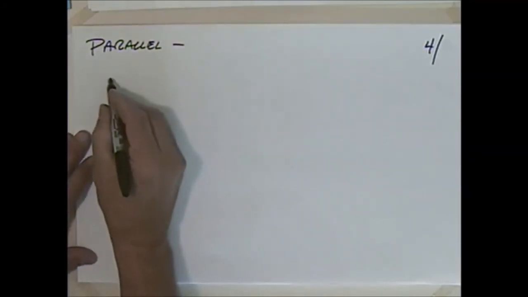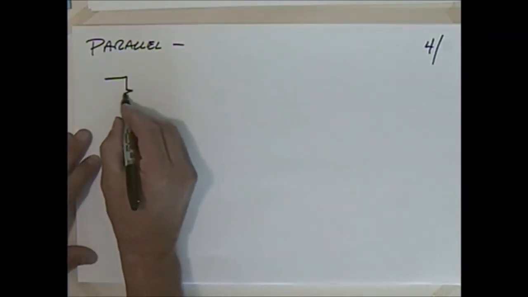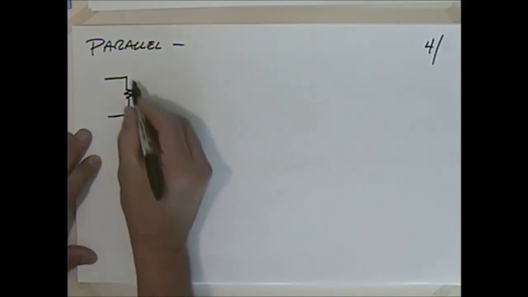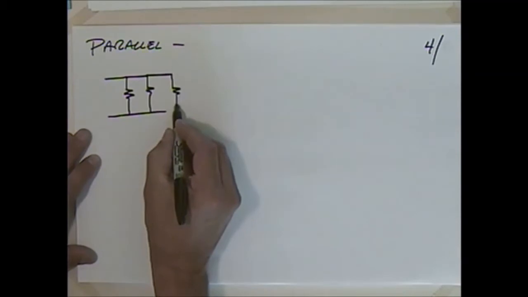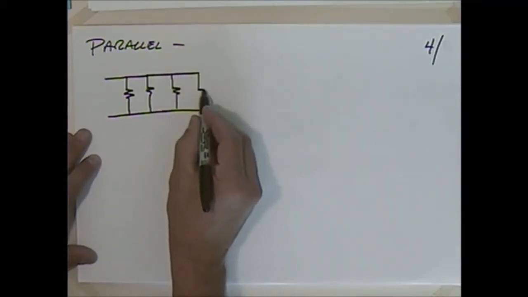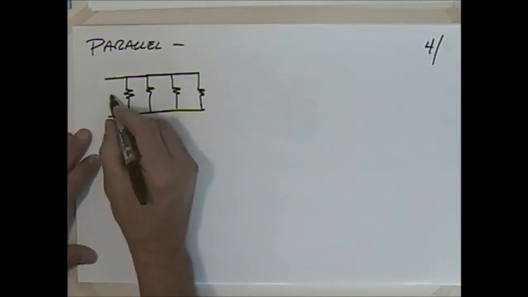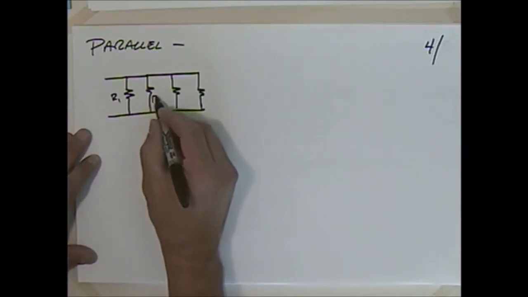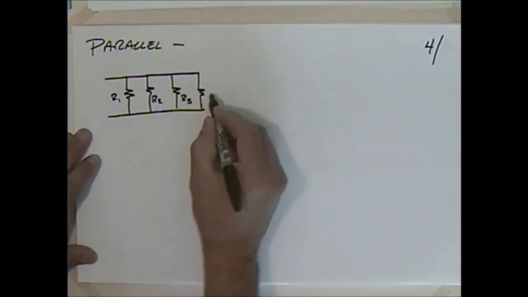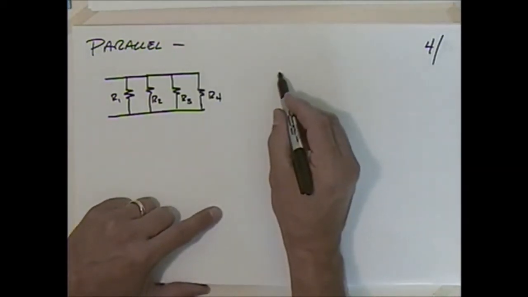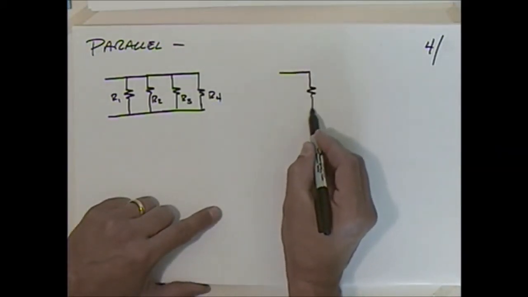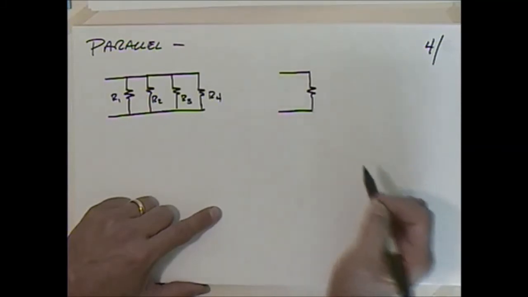So looking at parallel, we're going to put the resistors like this, or we would say possibly we put them across each other. You can say that this is R1 and R2 and R3 and R4. And could we come up with a single equivalent resistor? We absolutely could.